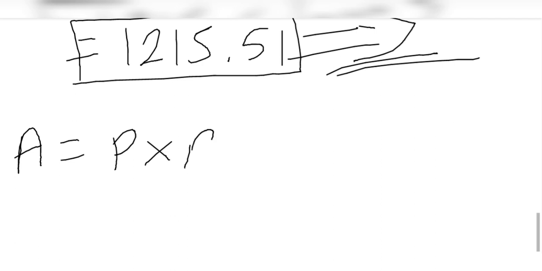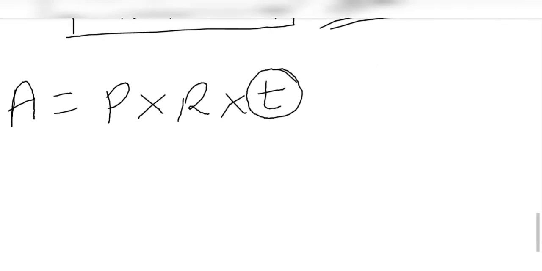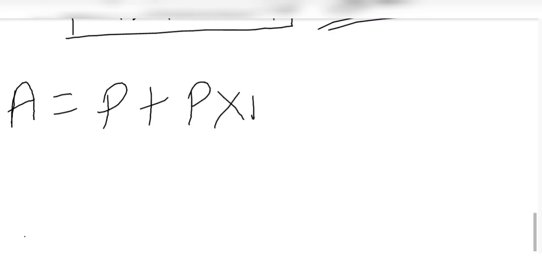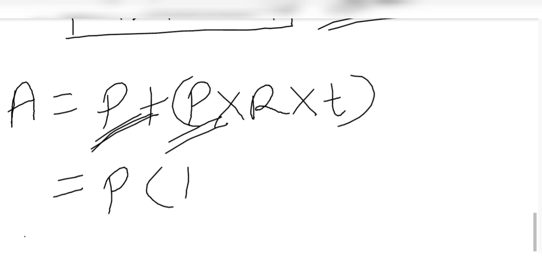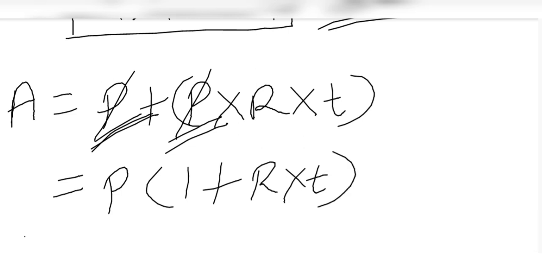Now we derive the formula for this. For the first 6 months, what do we do? P into R into T, where T means time for the first 6 months. So P plus P into R into T. Taking P common, we get P into 1 plus R into T. This is for the first interest maturity.